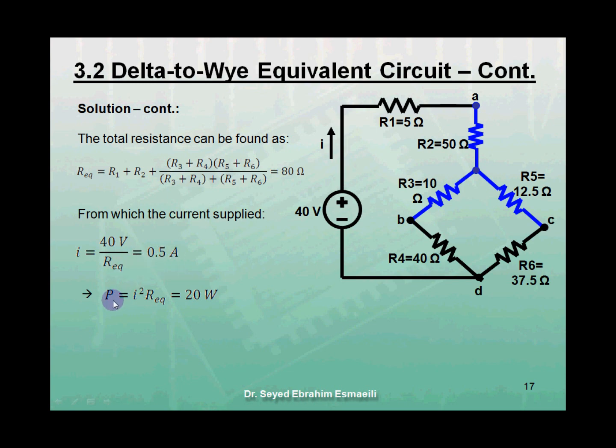The total power dissipated by the voltage source is equal to I squared times R equivalent, equals 20 watts.